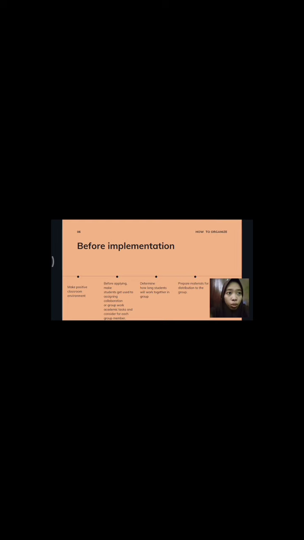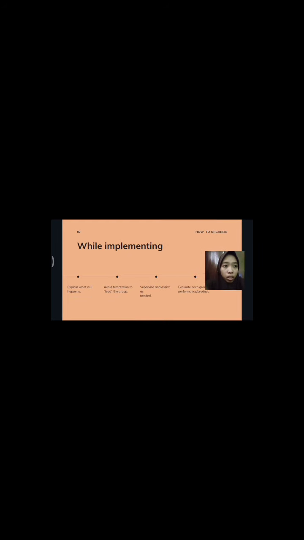And let's move to the next part, that is while implementing. What should we do while implementing cooperative learning in our class? There are 4 clues in this section. The first one is explain what will happen.